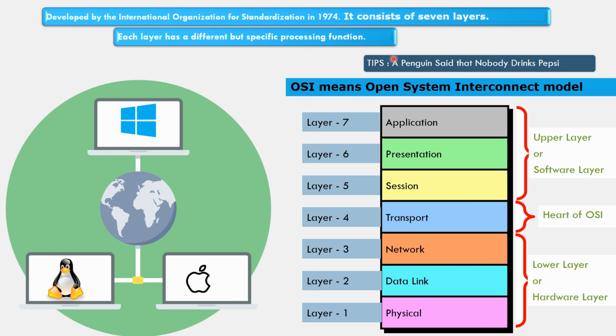You can remember this sentence to easily memorize the 7 layer names: A for application, P for presentation, S for session, T for transport, N for network, D for data link, P for physical. It's a simple tip to remember the OSI layers.